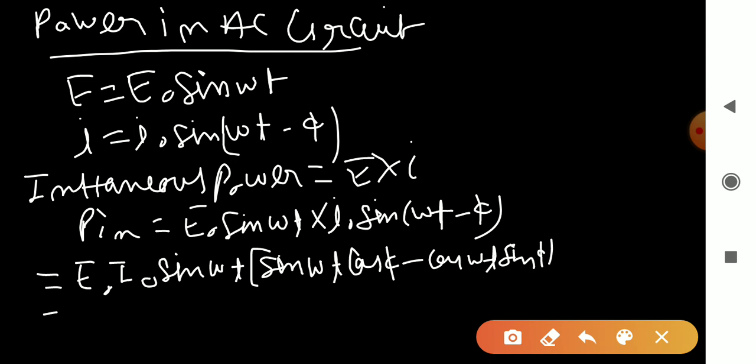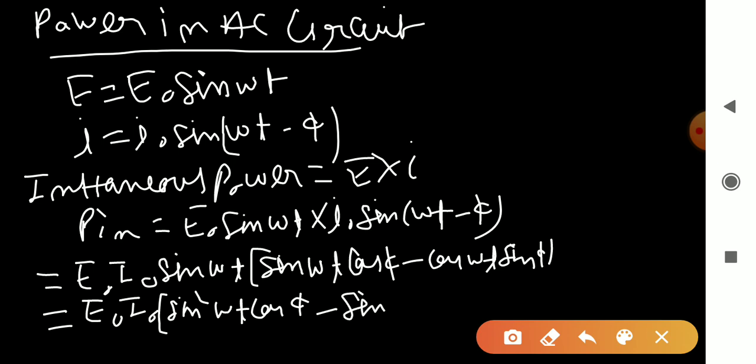Or we can write this equation as E naught I naught sin square omega t cos phi minus sin omega t cos omega t sin phi.